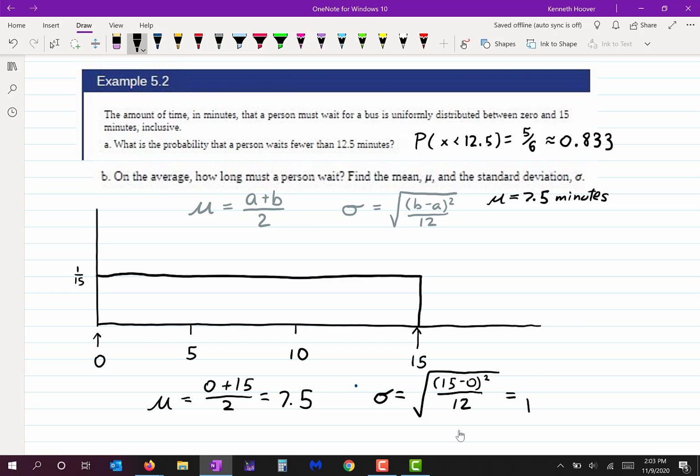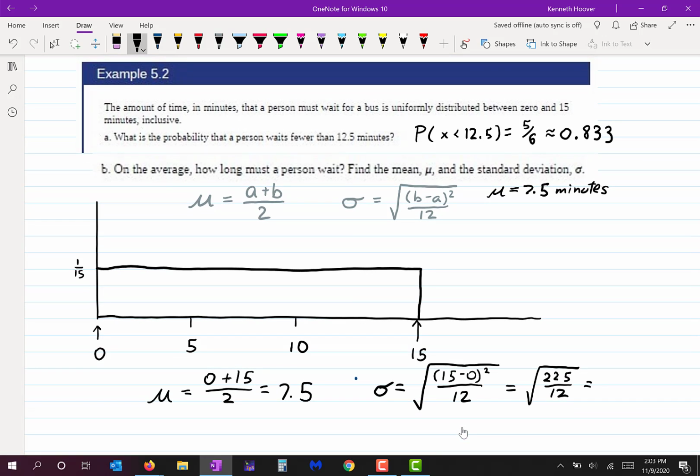So that is the square root of 225 over 12, which equals, let's see, approximately, I mean, I can tell you exactly.